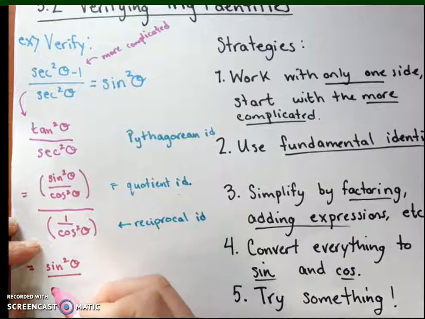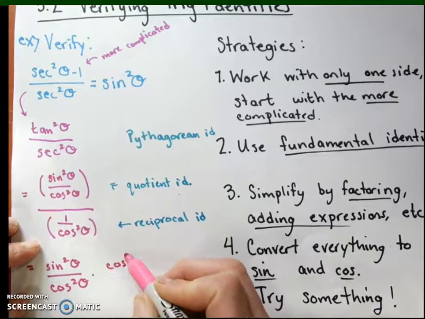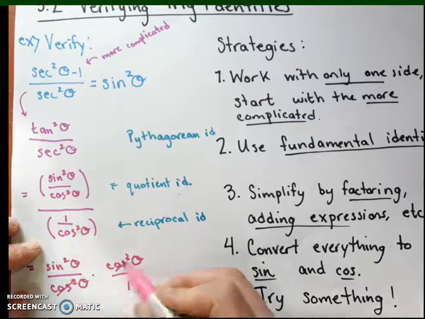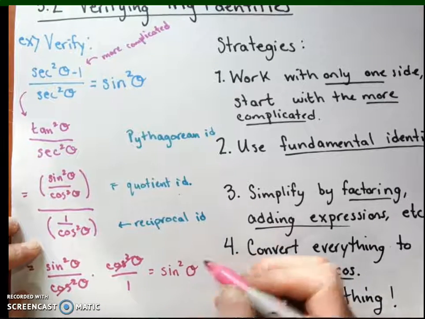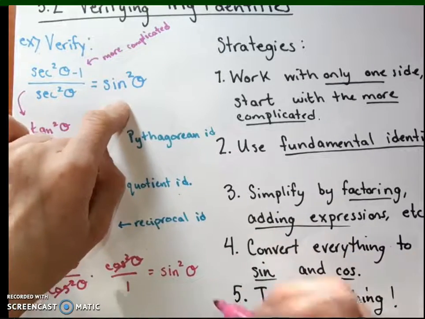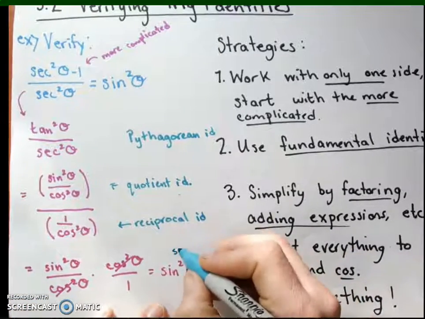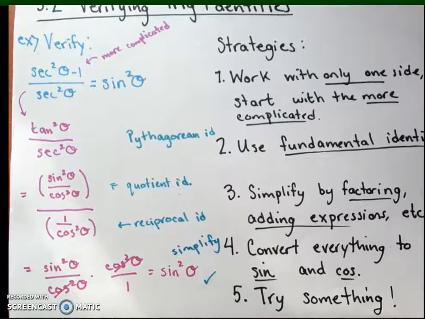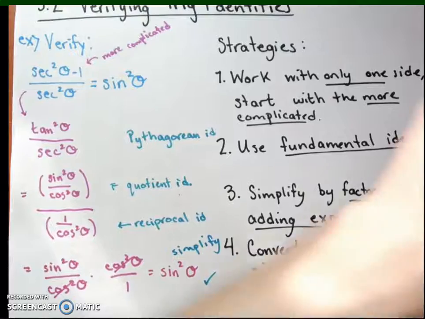So here I have sine squared theta over cosine squared theta times cosine squared theta over 1. And the cosine on top cancels with cosine on bottom, so I end up with just sine squared theta, which is what I wanted to get. So now I am done. So this step was just simplify.